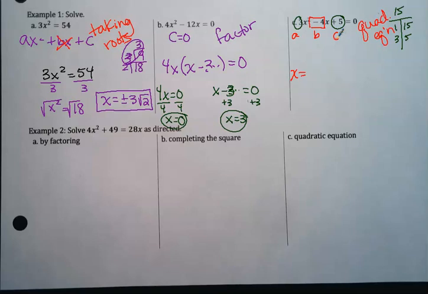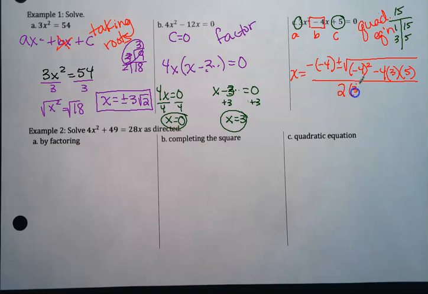So x equals negative b, so negative 4, plus or minus the square root of b squared, so negative 4 squared, minus, not plus, minus 4 times a, which is 3, times c, which is 5, all over 2a, and a is 3.